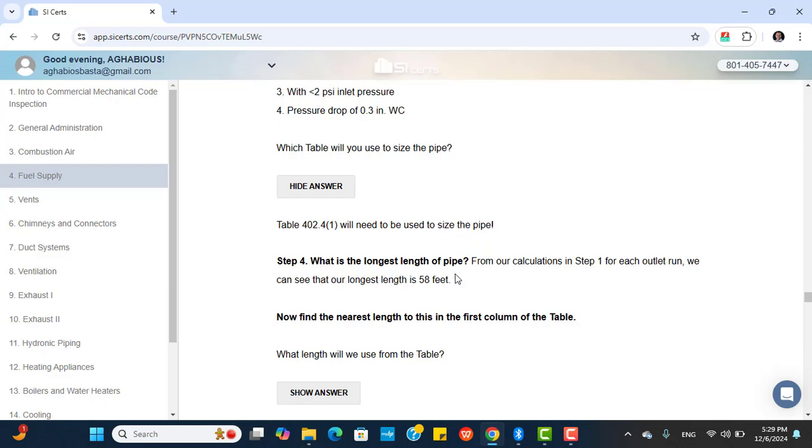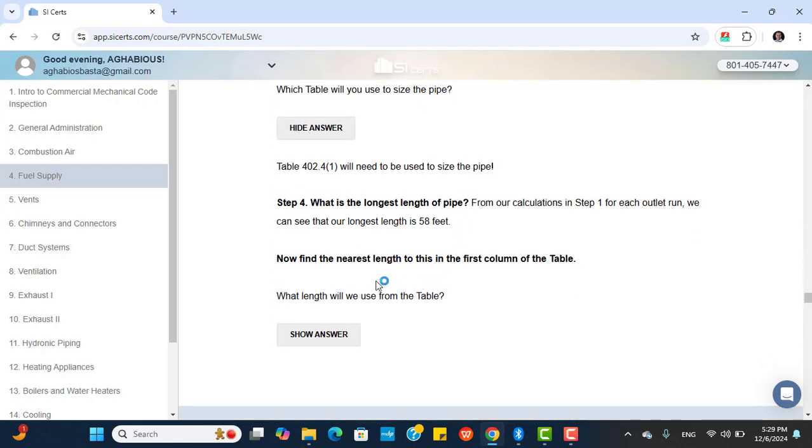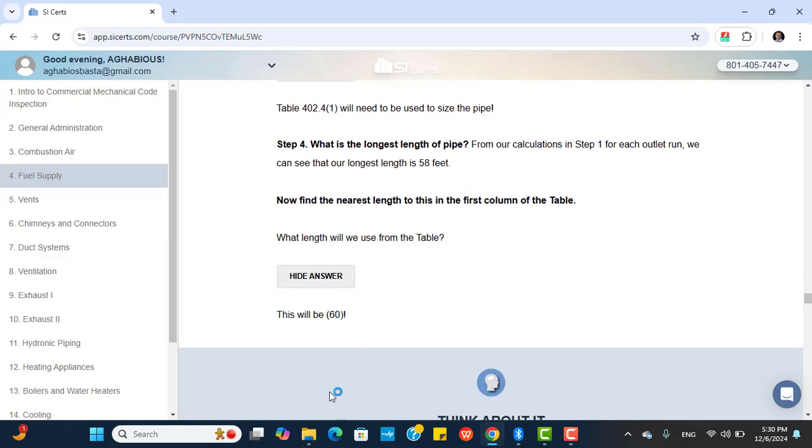Step 4, what is the longest length of pipe? From our calculation in step 1 for each outlet run, we can see that our longest length is 58 feet. Now find the nearest length to this in the first column of the table. The length we will use from the table will be 60.